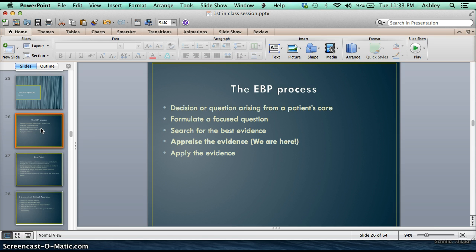And from there we've learned to formulate a focus question using PICO, making an answerable question. We've also learned to search for the best evidence. This is done through the search strategy assignment and looking at the PubMed assignment as well. And now we are going to learn to appraise the evidence.